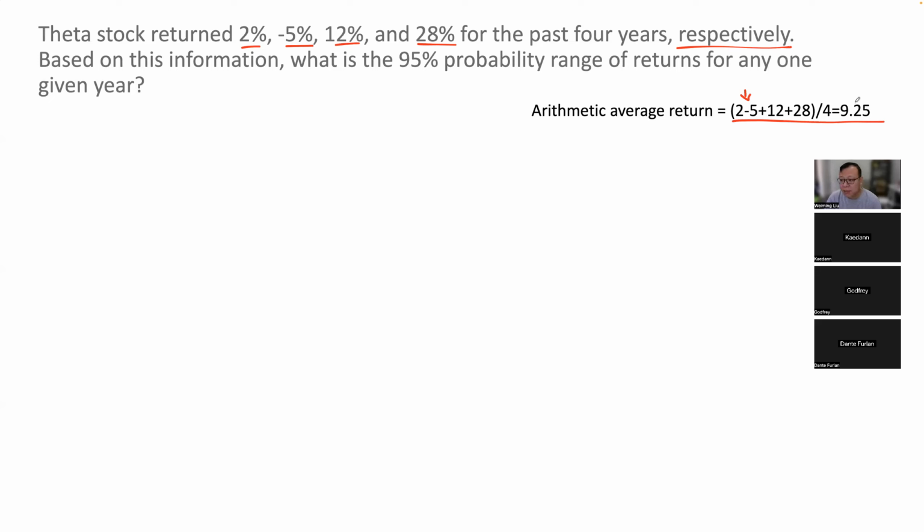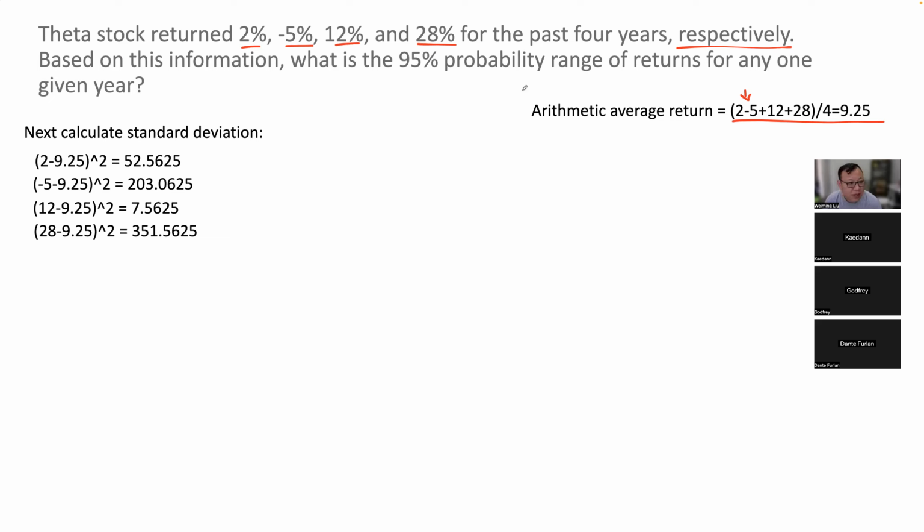Okay, so next step, I'm going to calculate standard deviation. First, I'm going to calculate the difference between each return, each observation, and the average. This is all the observations, the actual returns. And I'm taking the difference from the mean, another word for average but in stats terms, the mean, 9.25, which I just calculated.